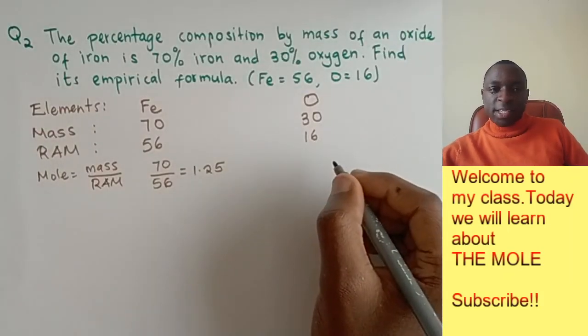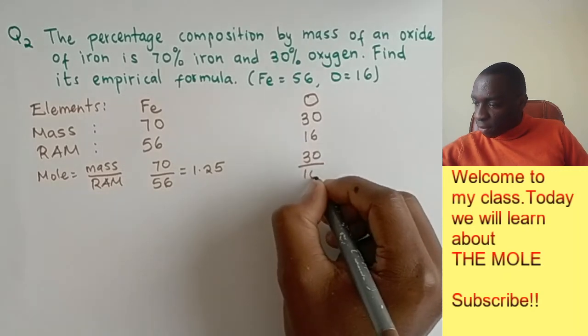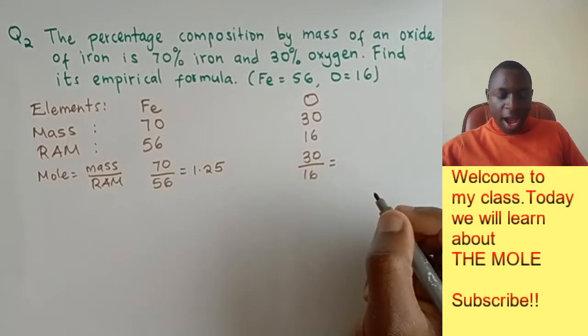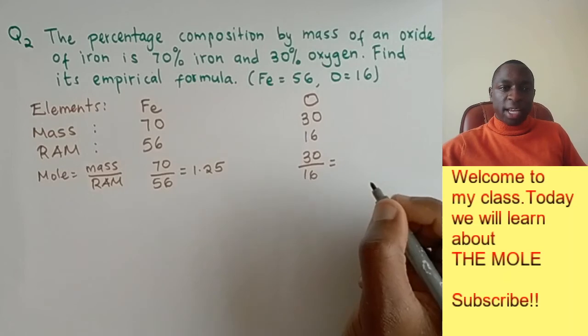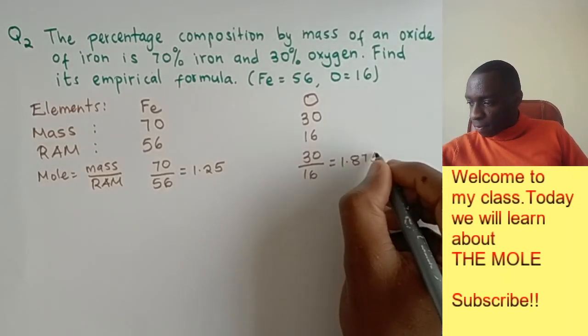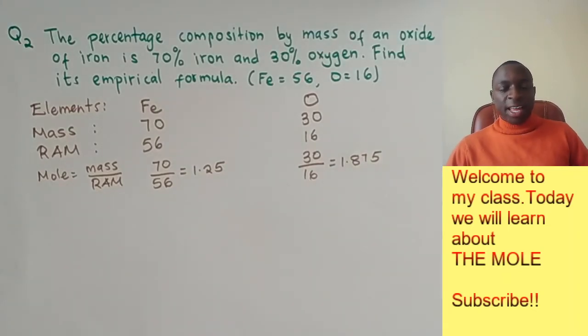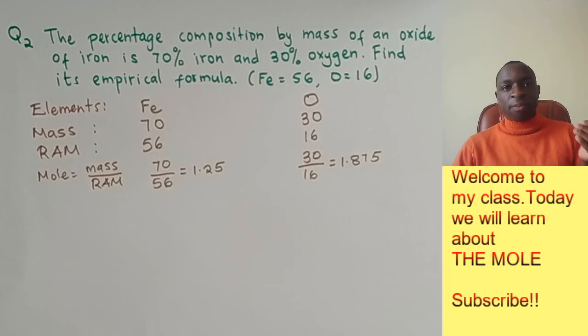The same is done on this side, and you end up with 1.875. So now you can see we have our moles. The next step is to calculate the mole ratios.